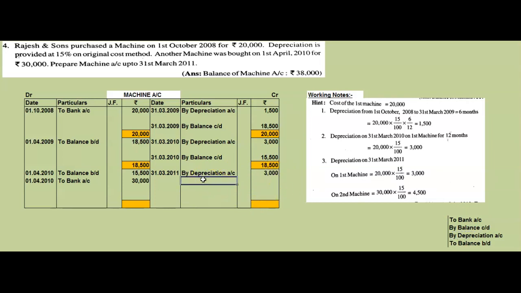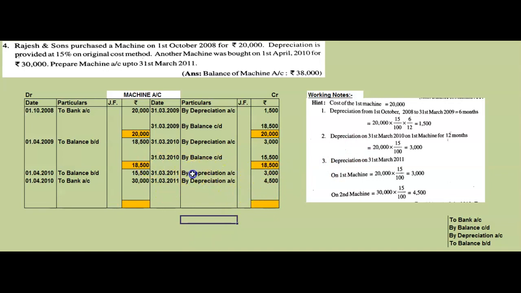For the second machine we get 4,500. The date will be the same, the date our machine was purchased. Or you can write only one entry: by depreciation account 7,500. This is up to you.